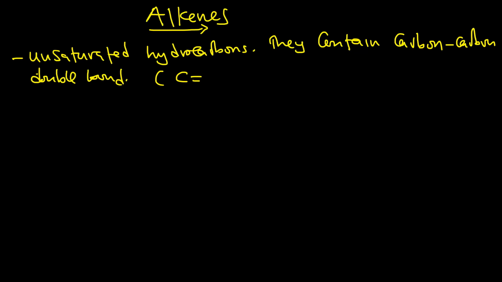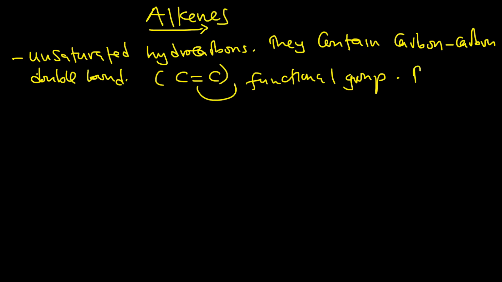So between 2 carbons of a hydrocarbon, if you find a compound with a double bond, just know that that is an alkene. This is the one that serves as the functional group. In other words, it's the one that determines how they react. So the functional group of this is the double bond, in case you're asked.